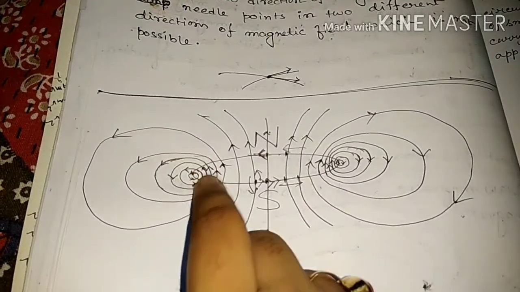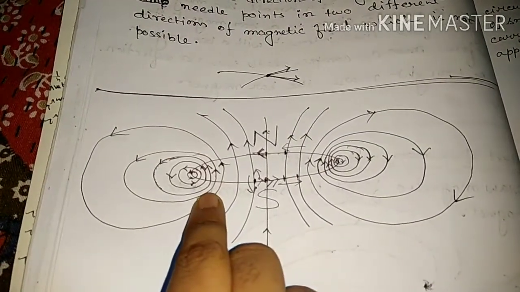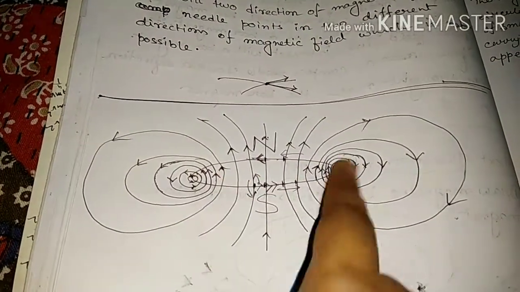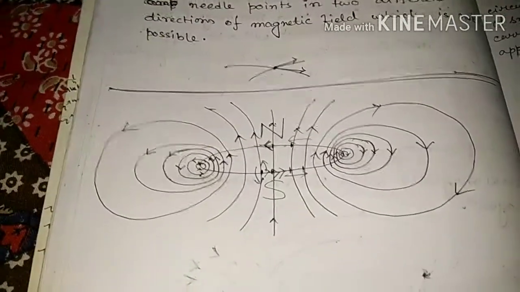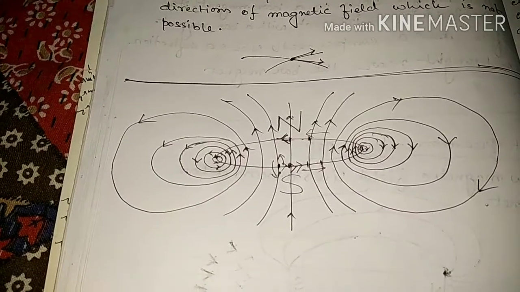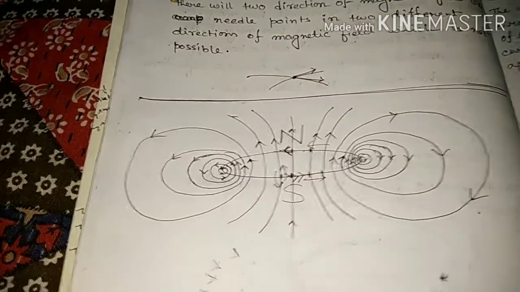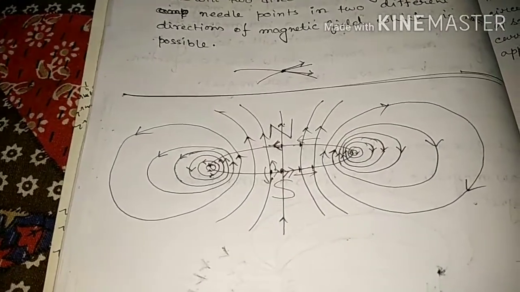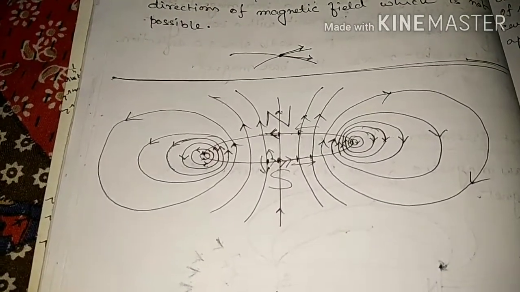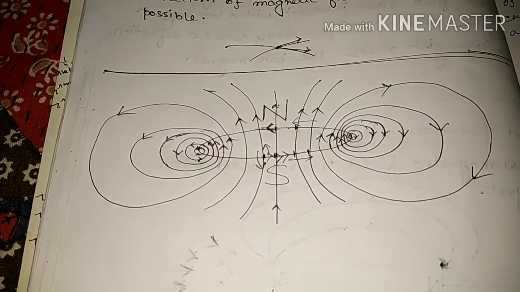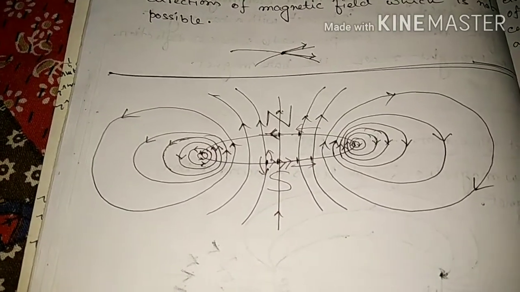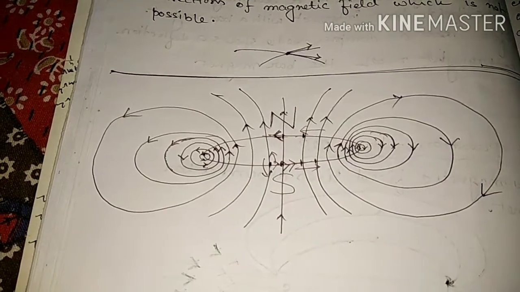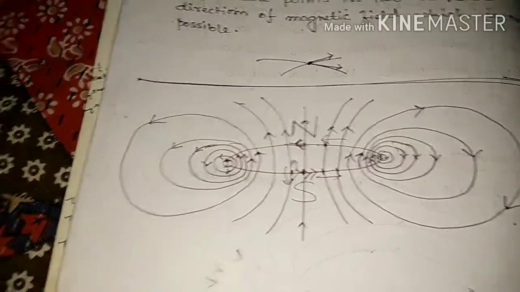You see here more circular, then a little less circular, then less, and in the middle of the coil it will be a straight line. So this is also one important point: if you increase the radius of the circle, the magnetic field lines become straight. Okay, clear?